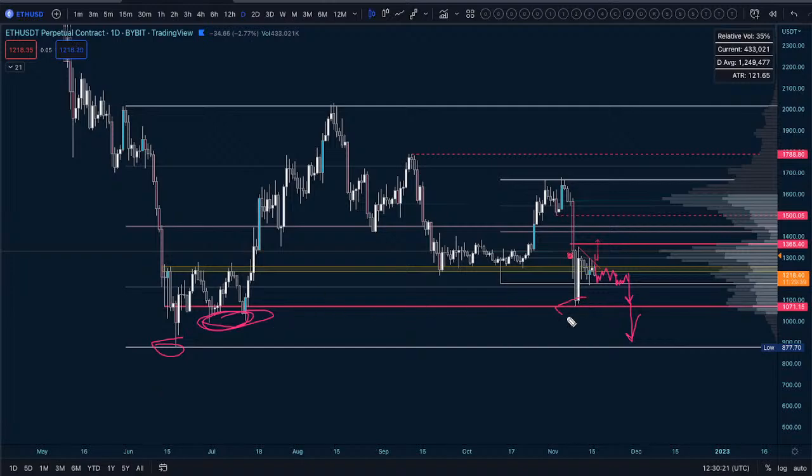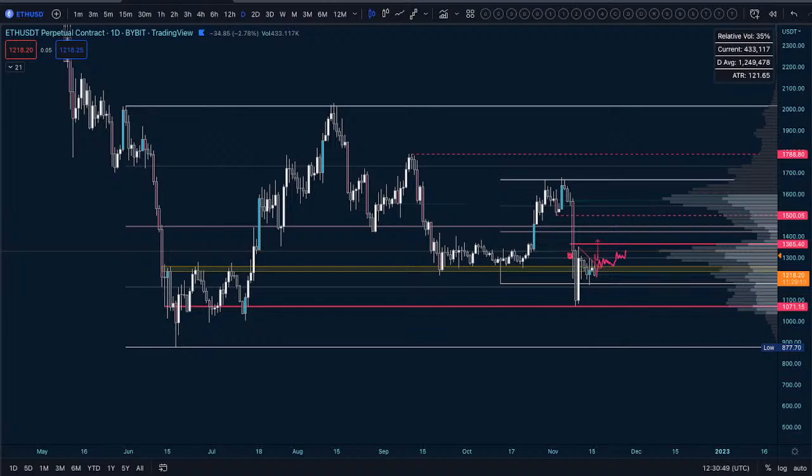We also have this one here. So if it starts holding below, then I would target definitely these. For me, it is super important that it tries to hold above here, trade above here.